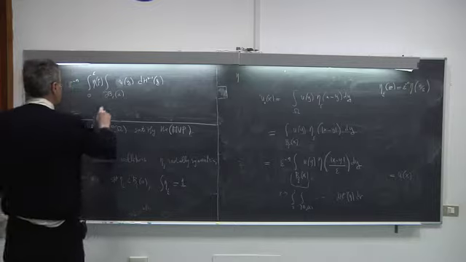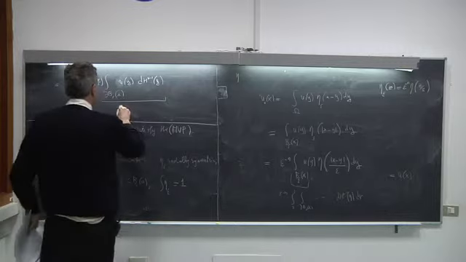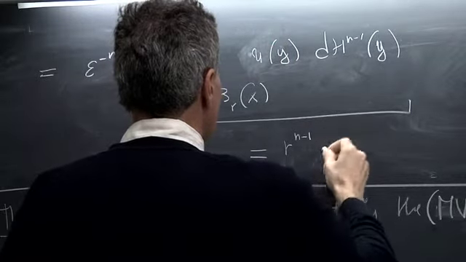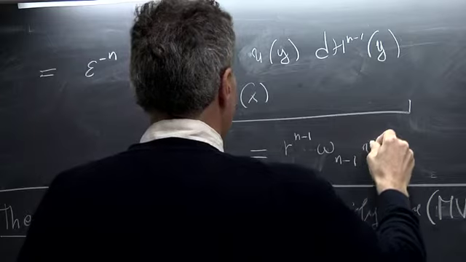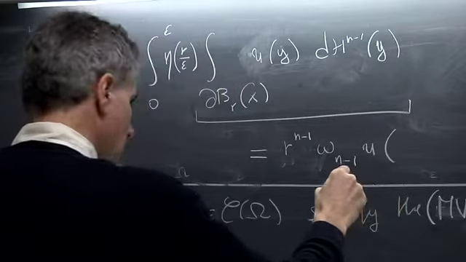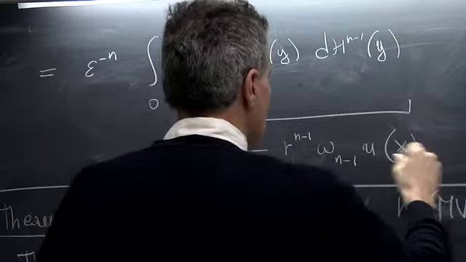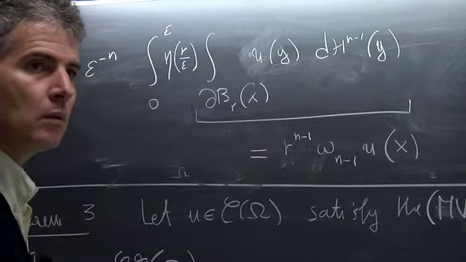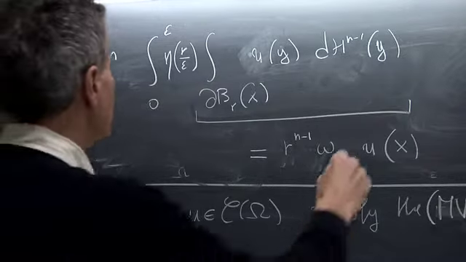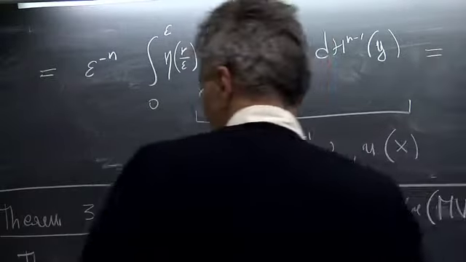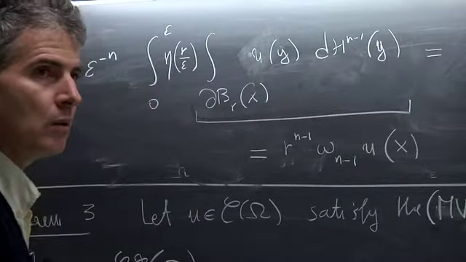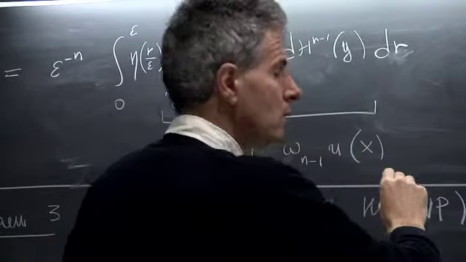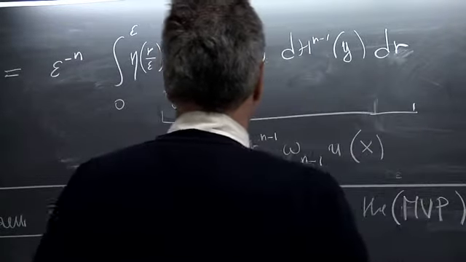So this is equal to r to the n minus 1 omega n minus 1 u of x. So I can substitute this.